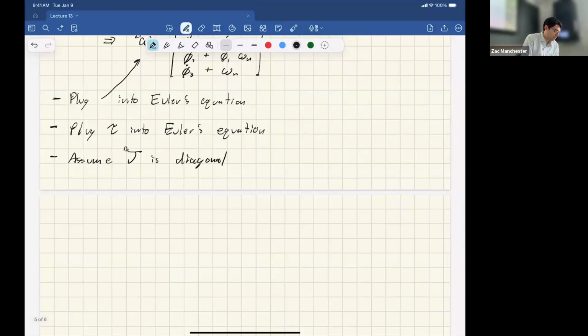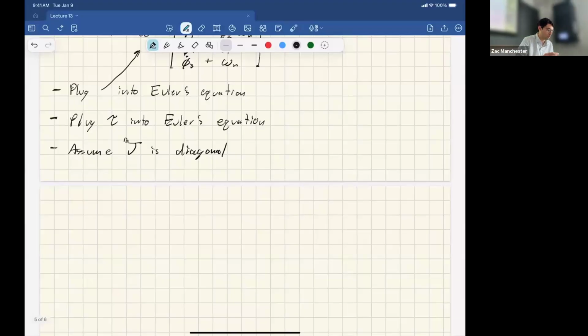Into Euler's equation. Then we get three sets of equations, the three scalar versions of Euler's equation. So maybe I'll write those down real quick. We've got, looks really similar to the stuff we had before. In components it's a little messy.